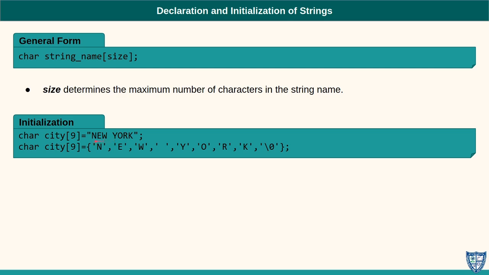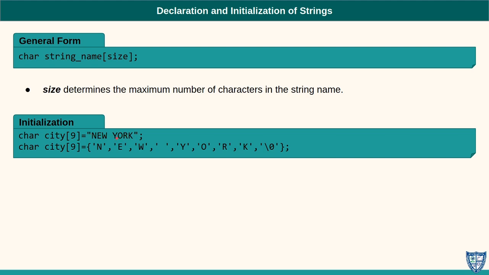But if you initialize a string variable in this format, you need to put \0 separately. So which will be the better option, the first one or the second one, for initializing a string variable? Definitely you will go for the first one, because it is easy to initialize a variable by writing the string without any commas or single quotation marks, inside two double quotations.